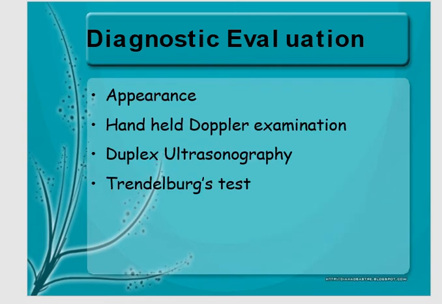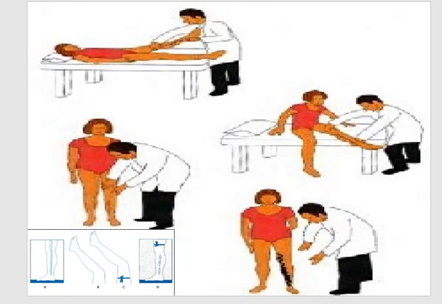Then you have the Trendelenburg test, in which the veins are compressed by elevation of the concerned leg, and then you press hard on the vein and check for any distal venous engorgement as a result of incompetent valves.